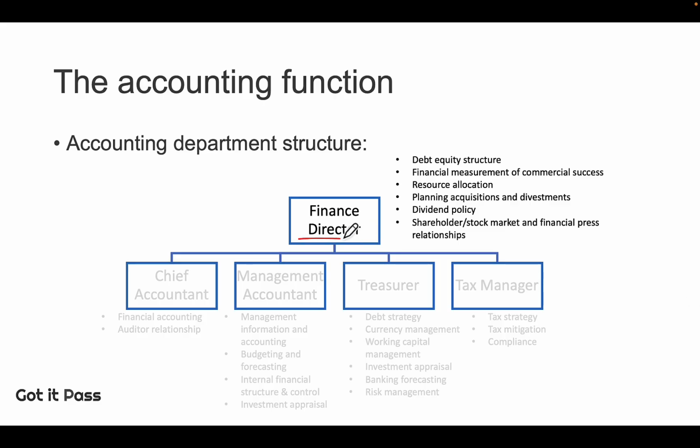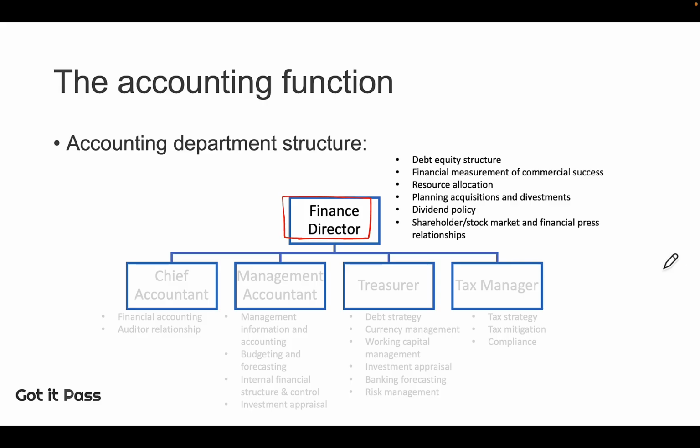First, let's go through the head of the department, which is the finance director. The finance director is the key person in the accounting department, monitoring the functions of the department to ensure it can perform the required tasks as detailed in the job scope.